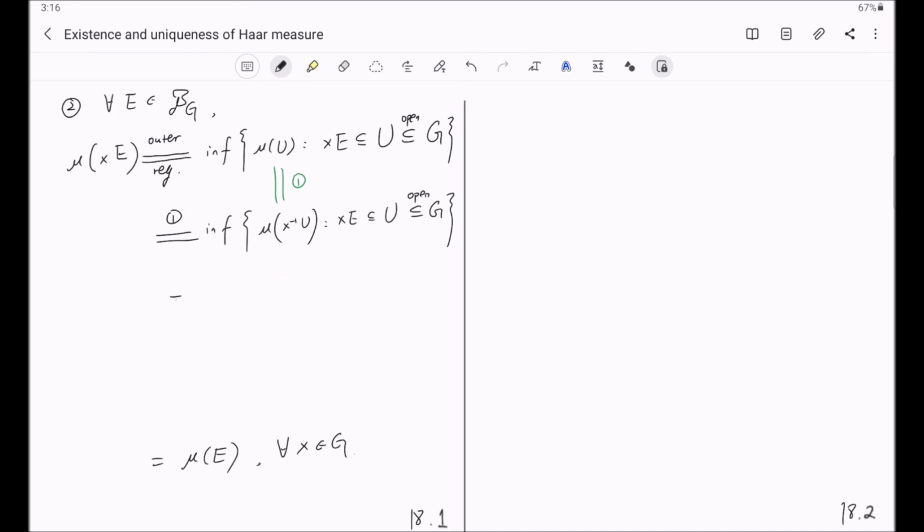Next, we're going to do a change of variable in here. We change U to x inverse U and free E from x.